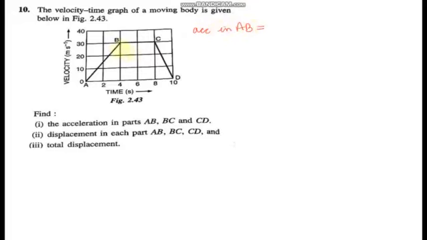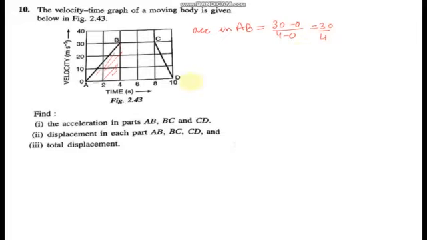That will be obtained by the slope of AB, isn't it? How will the slope come? Vertical height is 0 to 30, and horizontal is 4 minus 0. So 30 by 4.